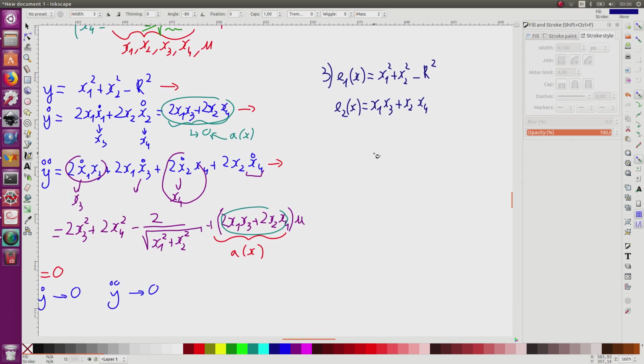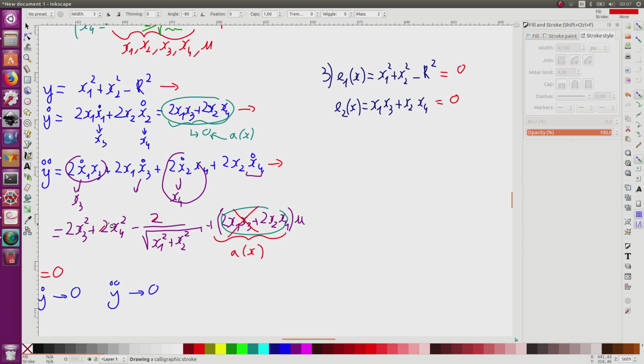And now if this one is equal to 0 and if this one is equal to 0, then of course a of x will be equal to 0. This will not appear anymore.